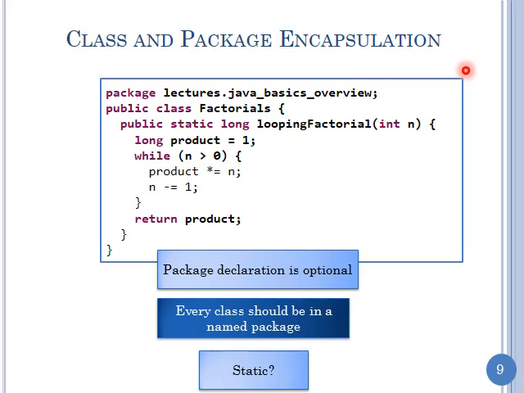So what does static mean for those of you who might have done Java before? It doesn't require an instance of a class to be used. You don't have to know what this word instance means. Okay? You don't need to create an object. You don't have to do object-oriented programming.